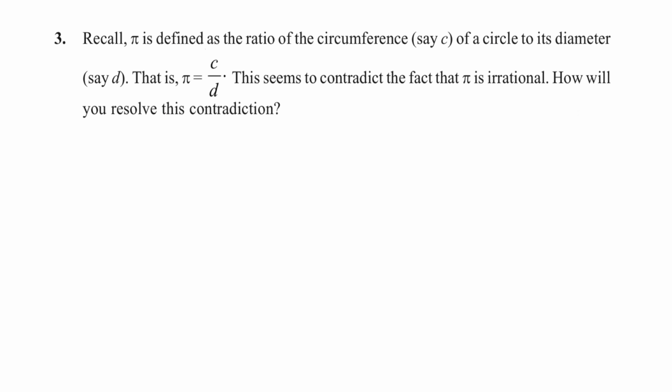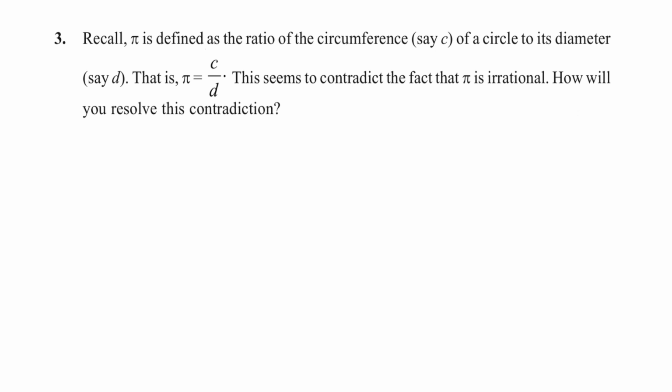Now generally you can assume a circle where the circumference and the diameter are both rational numbers, and dividing them might end up with a rational number. But why are we actually saying that it is irrational? Now what happens is, how do you usually measure the circumference or diameter?